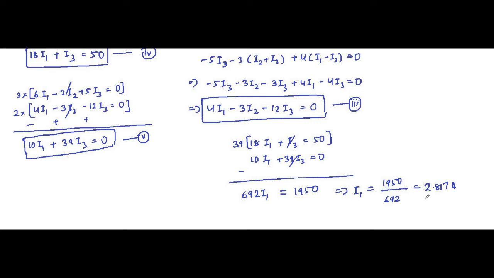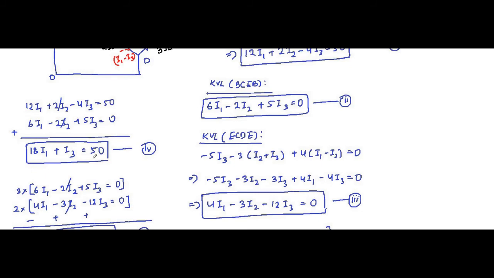Then we can use any of the following equations out of this to get the value of I3. So I3 can be this, we can use this equation to get I3, or we can use this equation also.